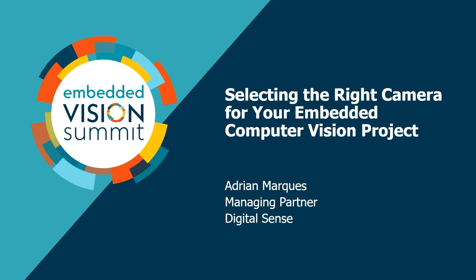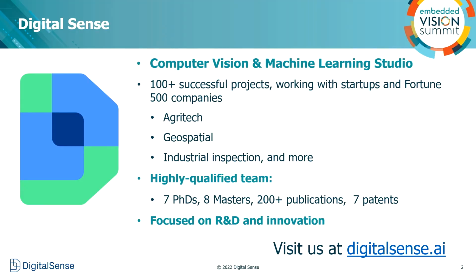And today, as John said, I'll be talking about how to select the right camera for your embedded computer vision project. So a bit of background, I work for Digital Sense. We are a computer vision and machine learning studio with over 100 successful projects. We work with startups and Fortune 500 companies in industries like agri-tech, geospatial, industrial inspection, and others.